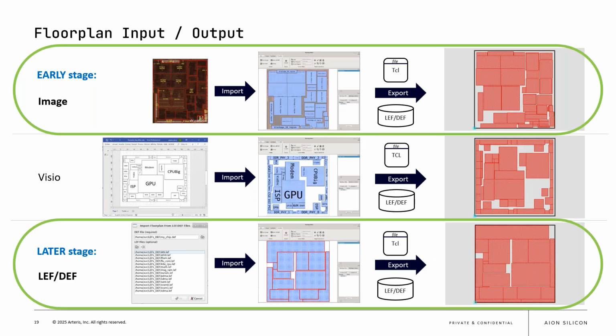So this is LEF, DEF, or block images directly early in the process, and the tool generates a first pass topology tied to real layout constraints. Later stages refine it with tighter physical data. So the outcome is a consistent handoff from architecture to physical design, with the NoC always aligned to how the chip is actually going to be built.